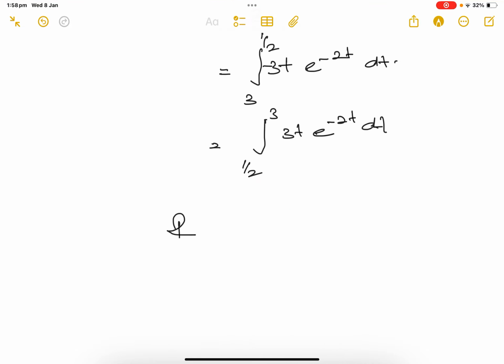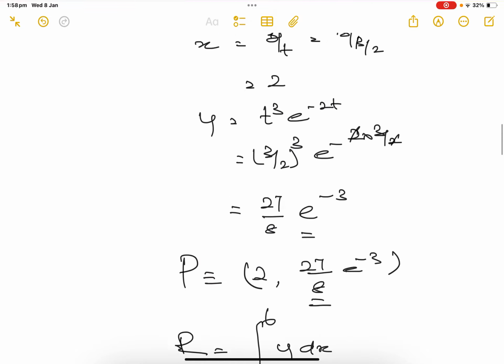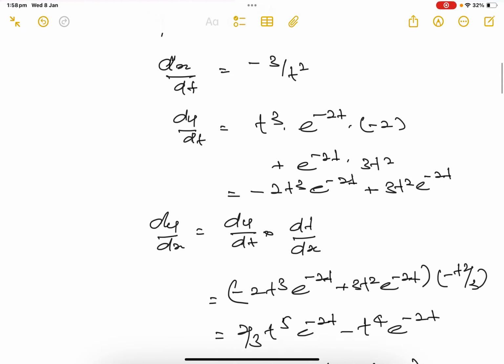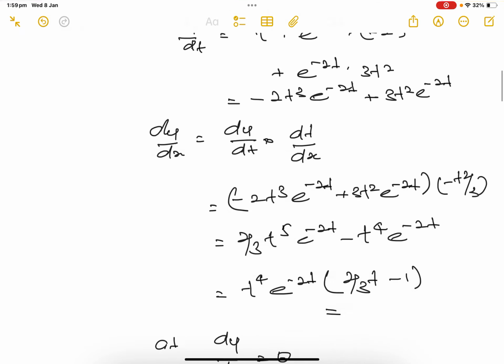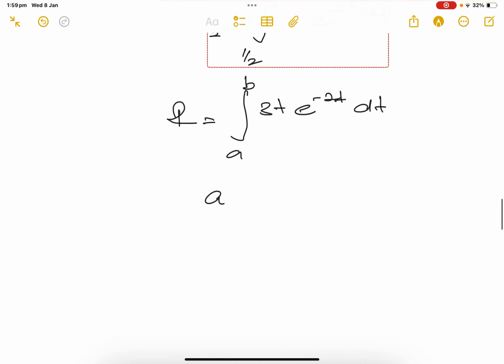R equals the integral from a to b of 3t e to the power minus 2t dt, where a equals half or 0.5, and b equals 3.